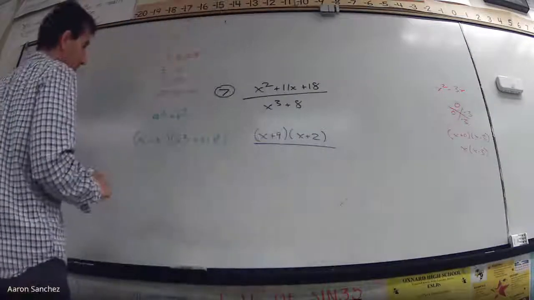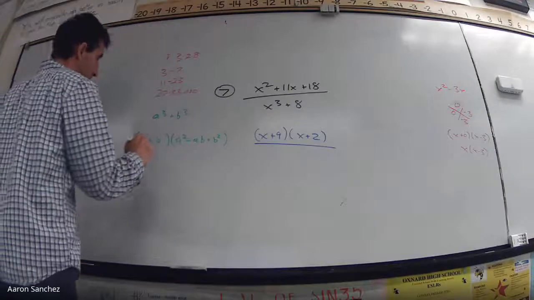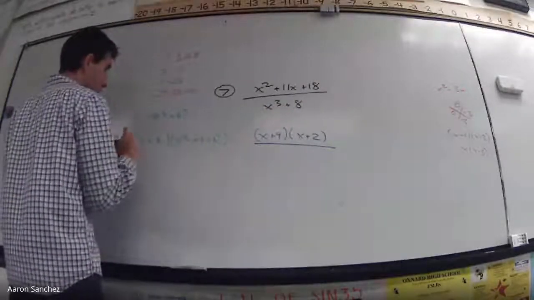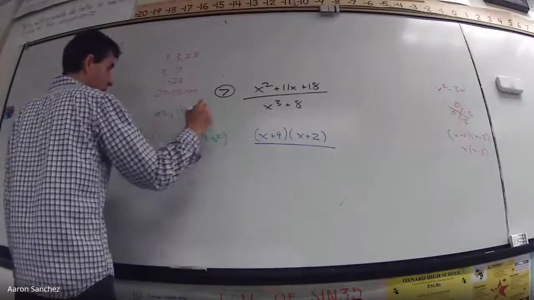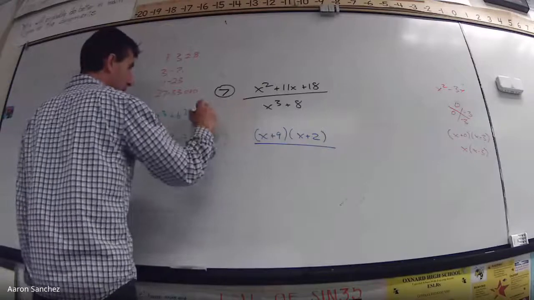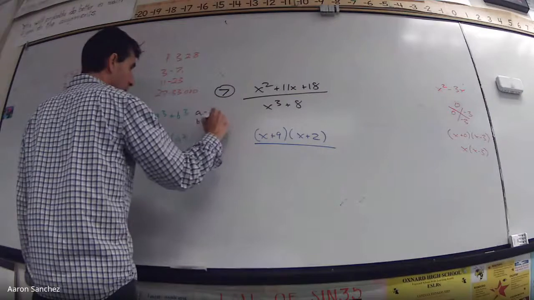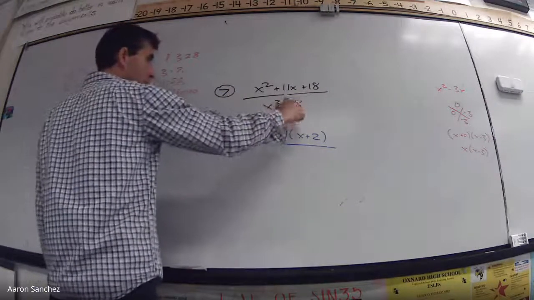What'd you get for this one? X cubed plus 8. That's a plus sign on the bottom, right? For the denominator, yeah, a plus. But before you go, if I have x cubed plus 8, then a equals x and b equals 2, because 2 times 2 times 2 is 8.